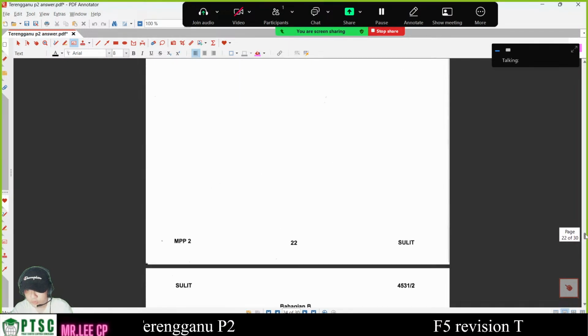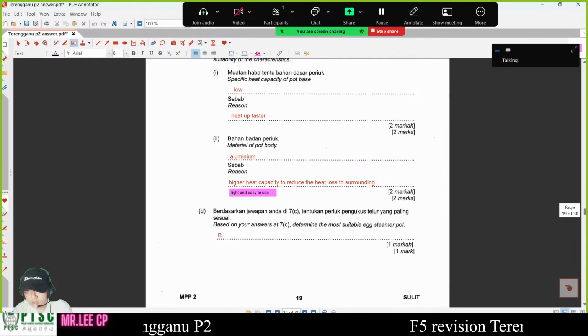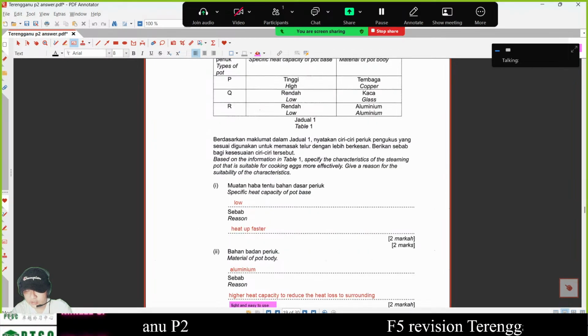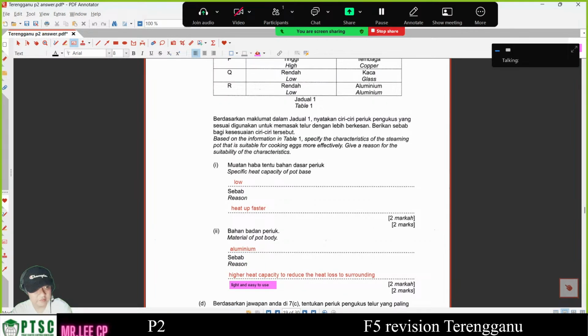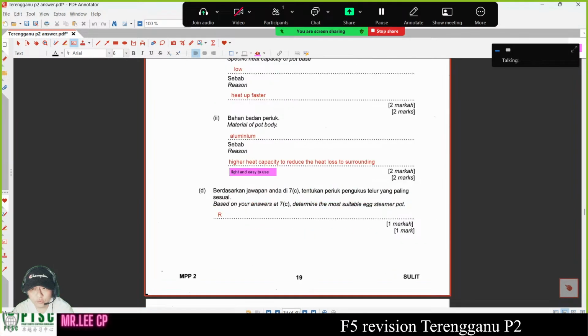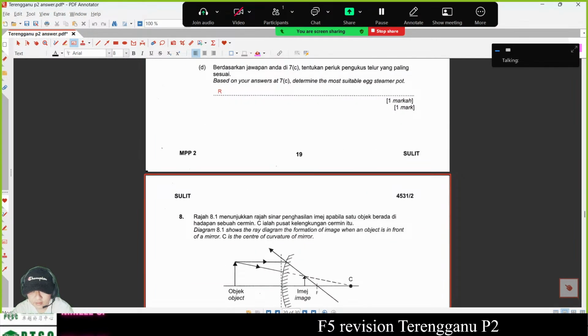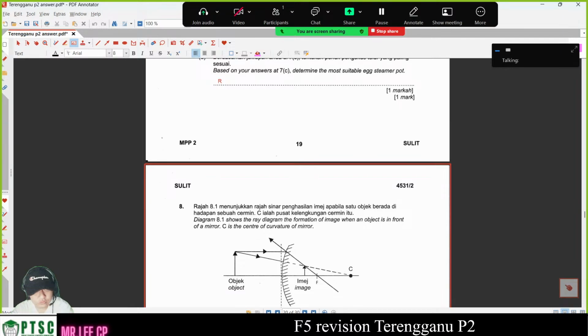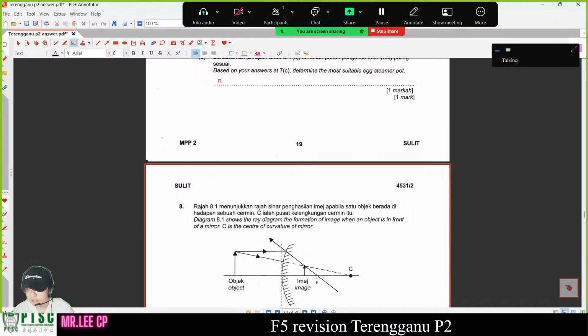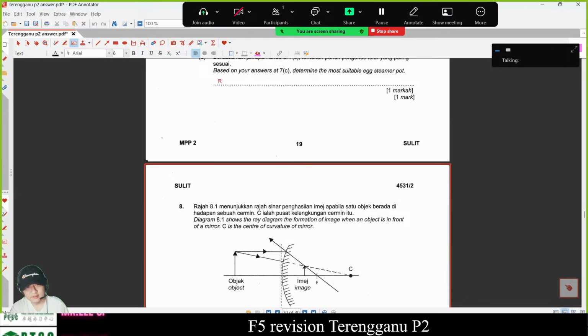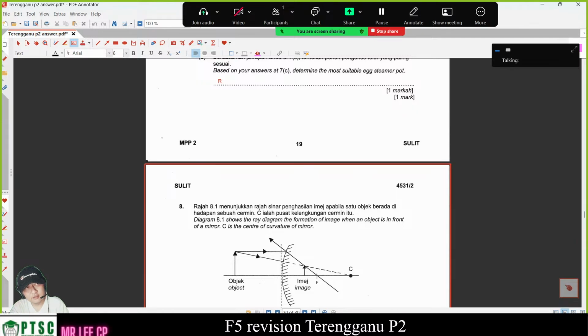Today we are going to finish what we did last week, until about question number 7, right? So today we are going to finish this Terengganu paper 2, then I'll go off because tomorrow is your BM listening.